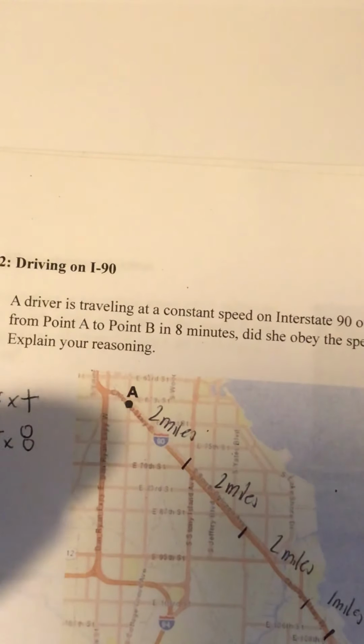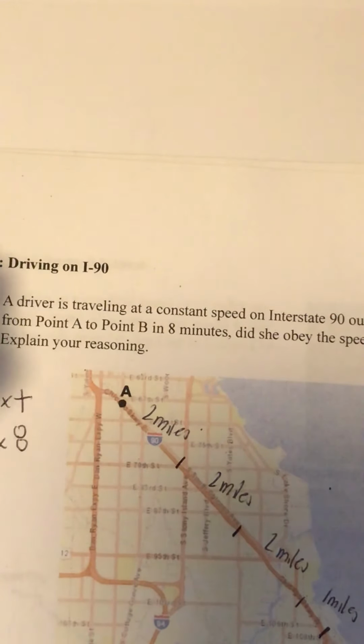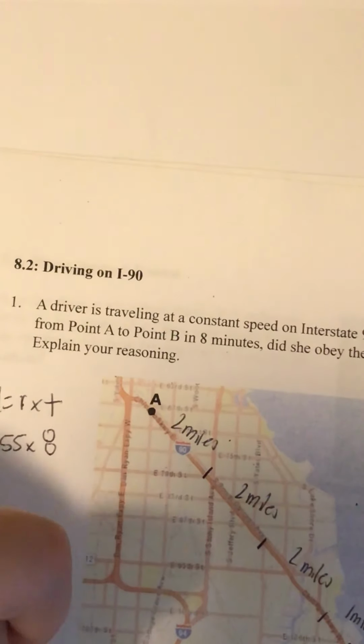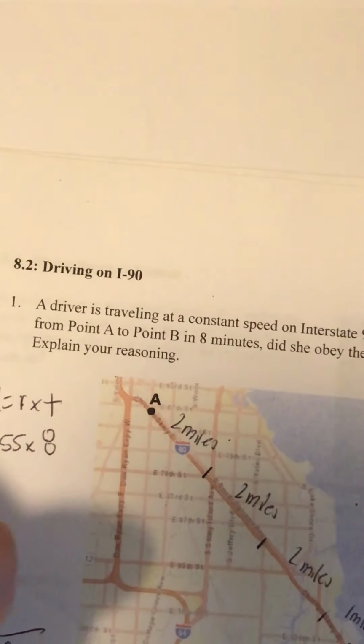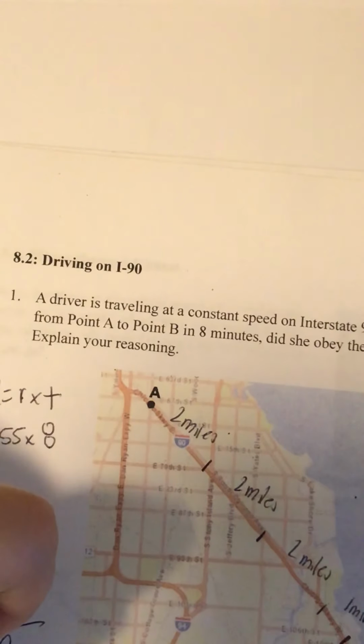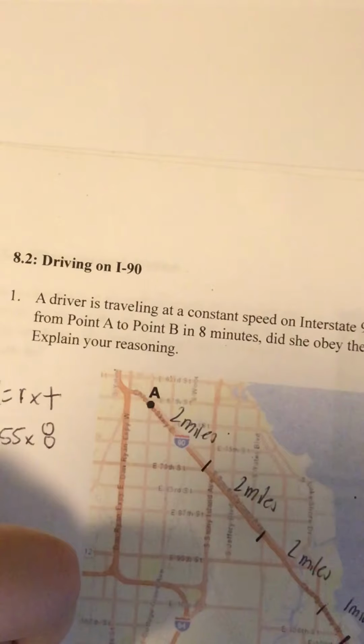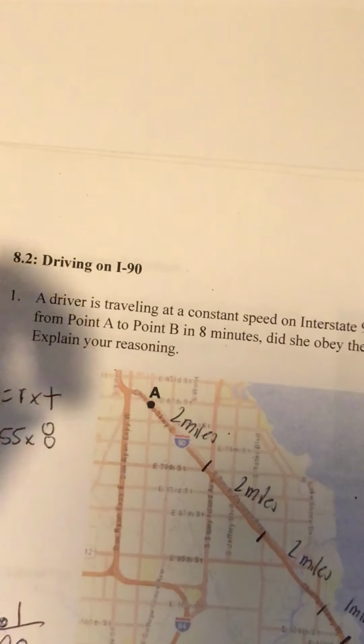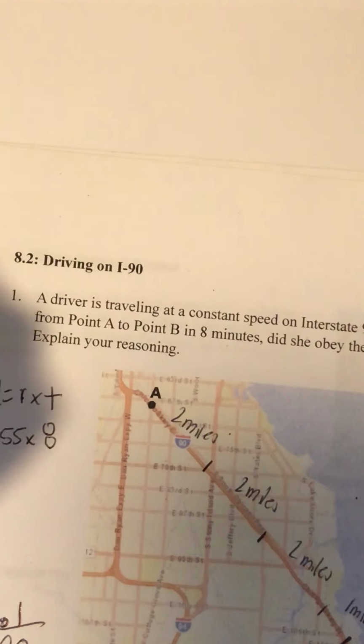So what we're going to do is take 9 miles, right? And we're going to divide that by our speed to find time in this problem. So we're going to take 9 divided by 55. So 55 can't go into that, so put a decimal right there, add a 0. 55 goes into that one time.